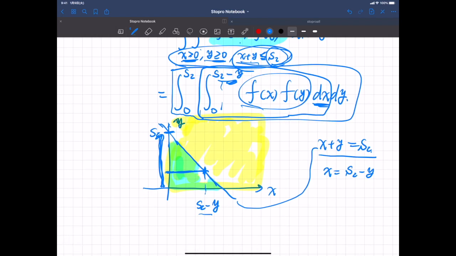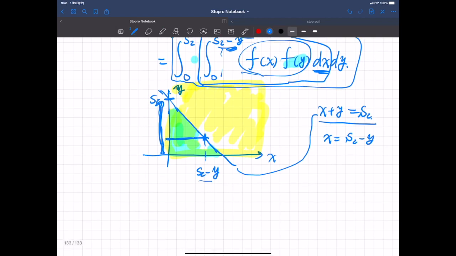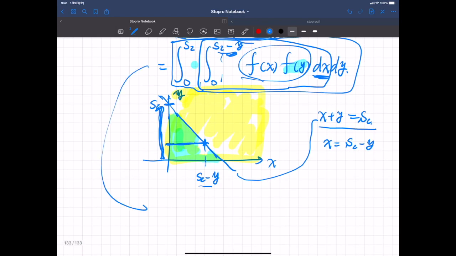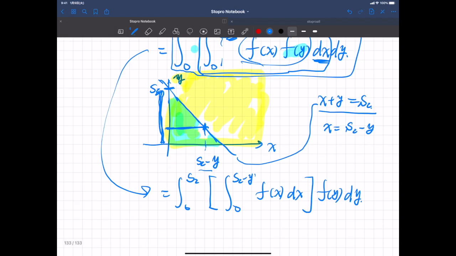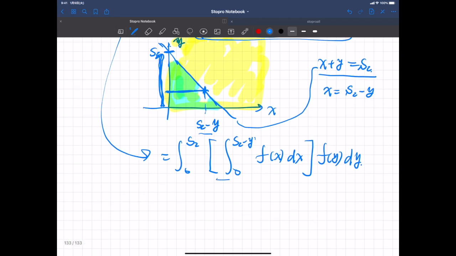Since this term f of y does not contain x, we can take it out of the first integral. So this is equal to the integral of F of s2 minus y, f of x dx, and f of y dy. But what's this function?